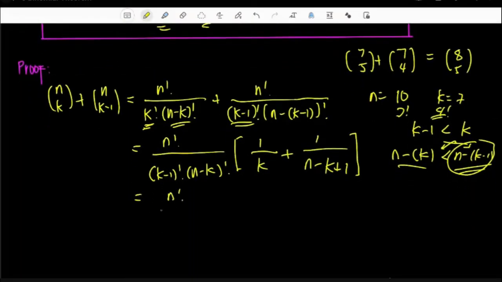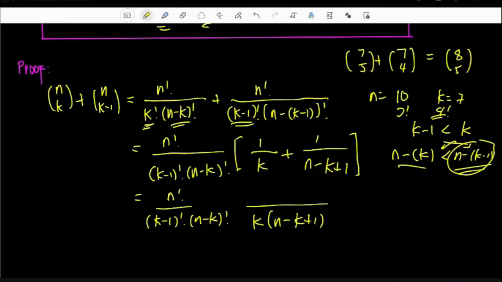So, we're almost done. So, n factorial over k minus 1 factorial, n minus k factorial. This one, we can combine as one fraction. So, that's k times n minus k plus 1. Right? So, this is n minus k plus 1 plus k.